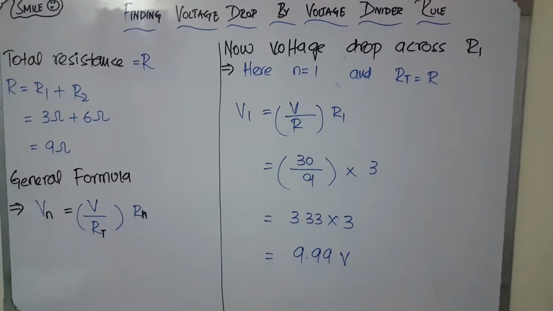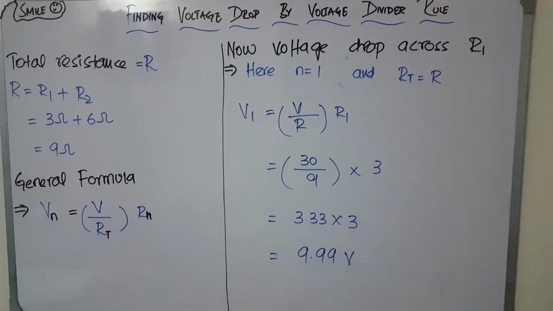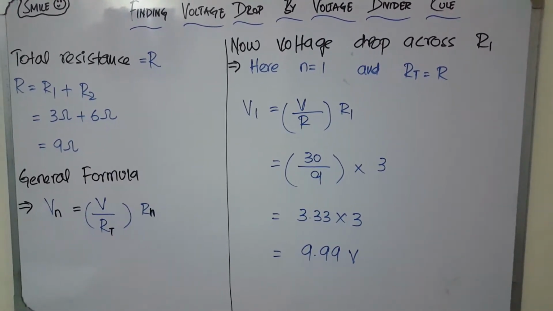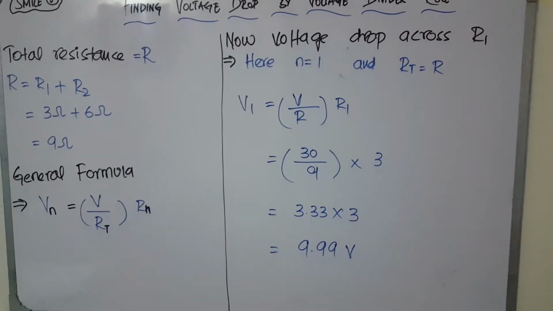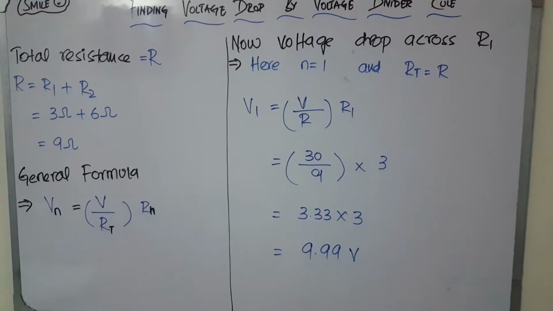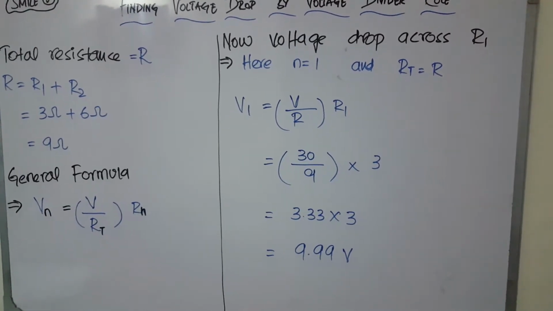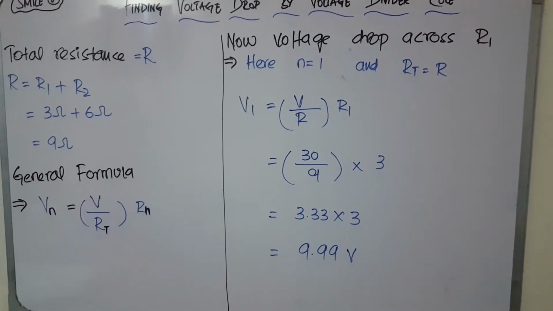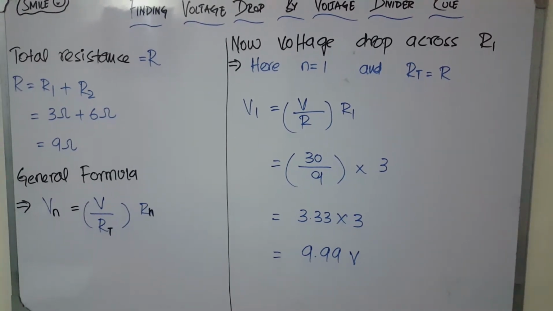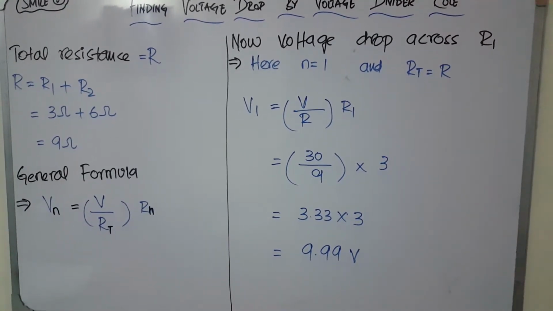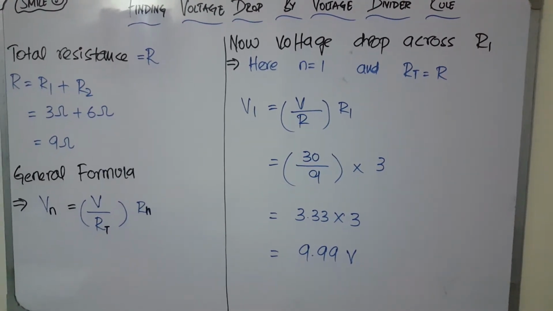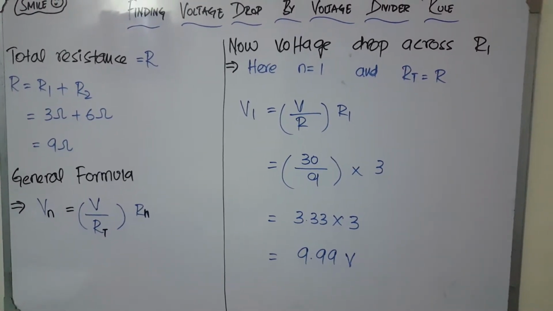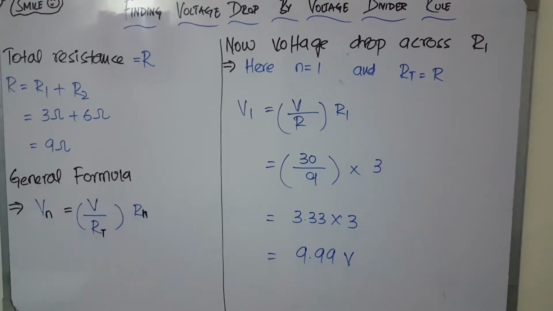Here, for the voltage drop across R1, n equals 1 and RT equals R. The formula becomes V1 equals V divided by R, times R1. Putting the values, the answer comes to 9.99 volts. Looking back, this is the same as the answer we derived before by the other method.